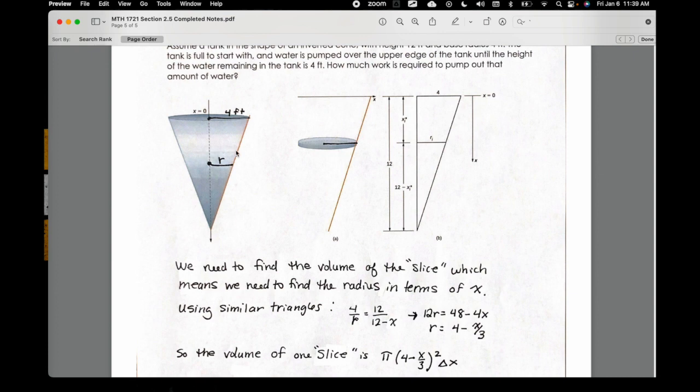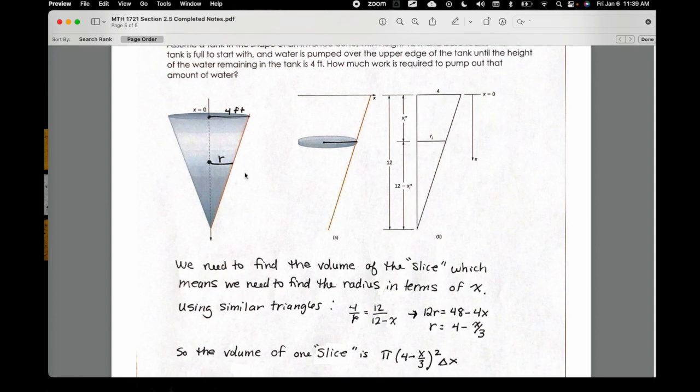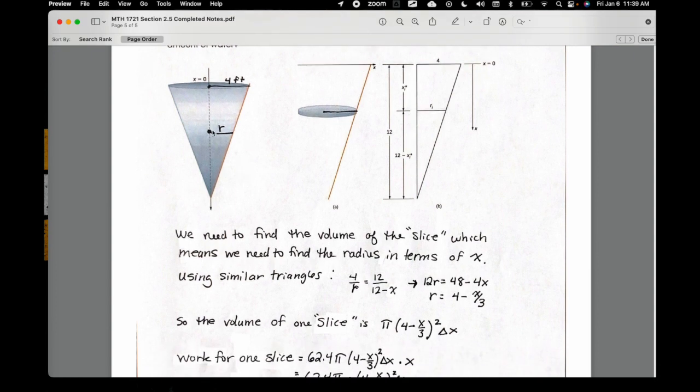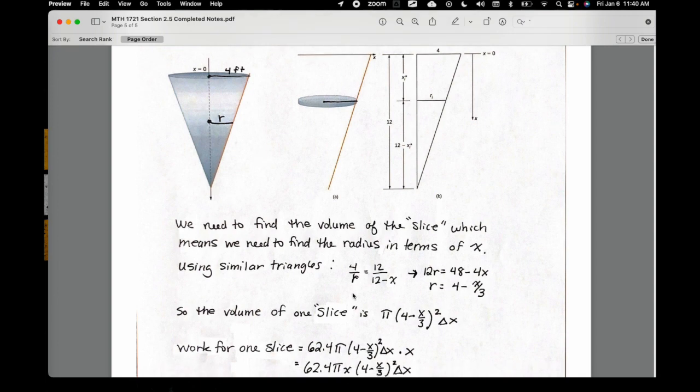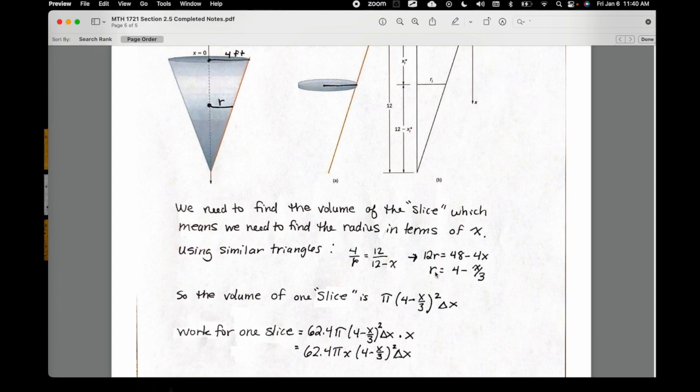So the radius itself is going to be a function. It's not a constant value. So we need to find the radius in terms of x. And in order to do that, what I did is I used similar triangles. So I set up 4 is to r as 12 is to 12 minus x.